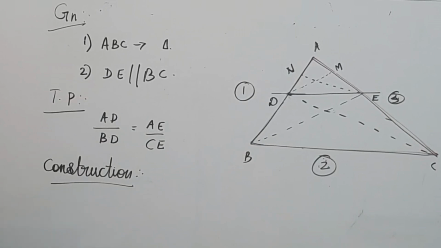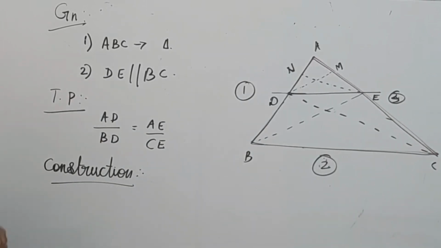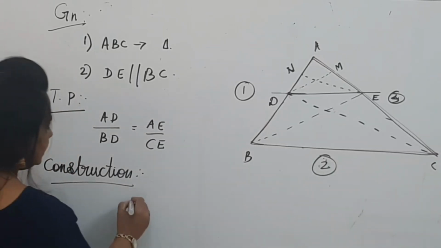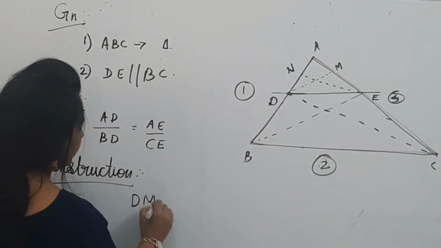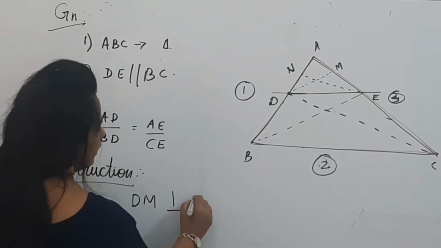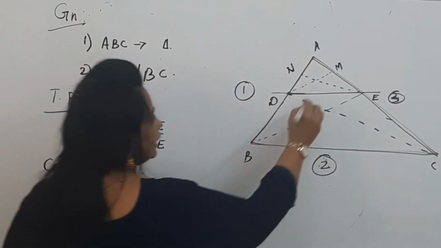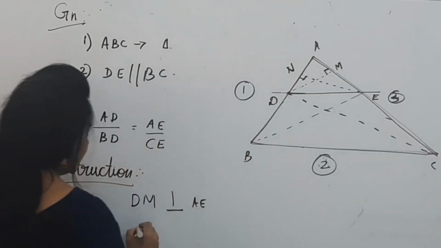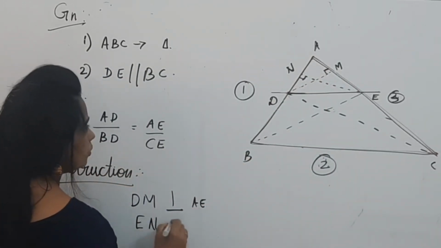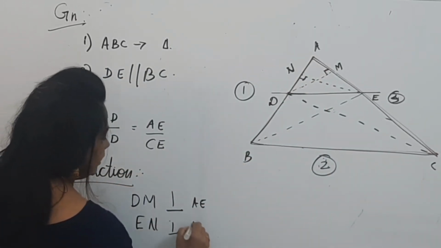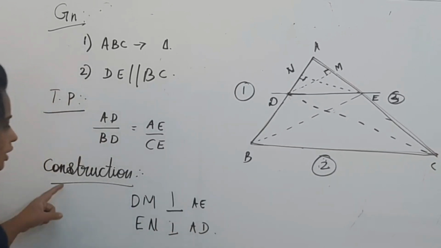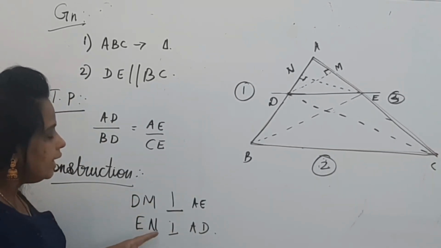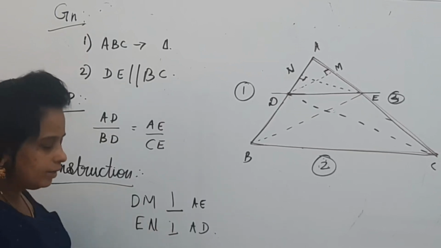Let me write DM is perpendicular to AE. Why? Because then only it becomes an altitude. And then EN is perpendicular to AD. Correct? So construction is DM perpendicular to AE and EN perpendicular to AD.